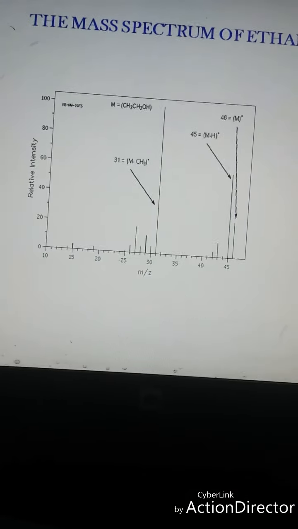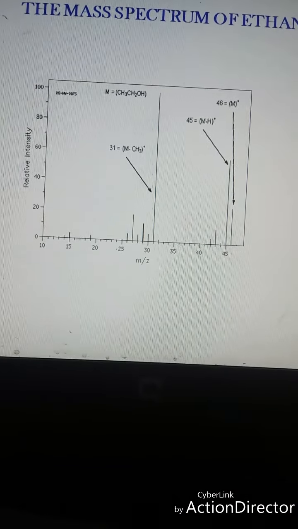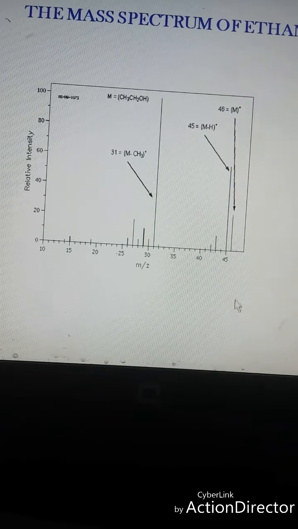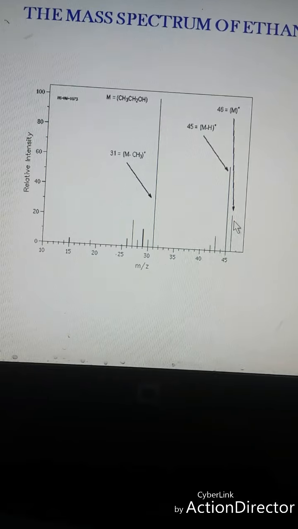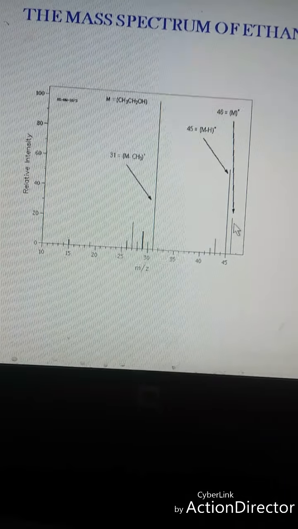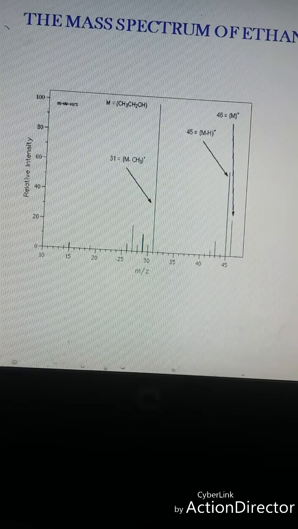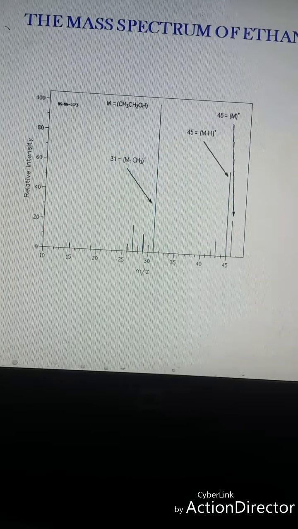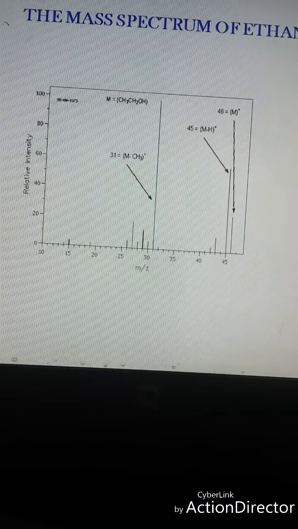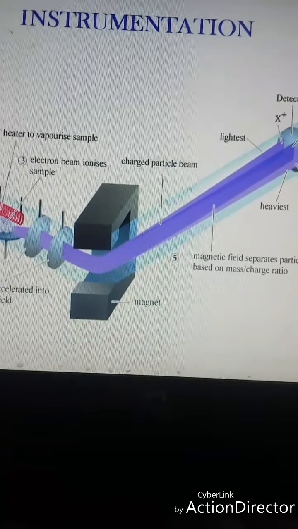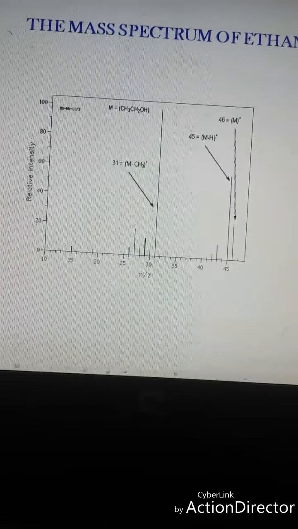This is the graph of relative intensity against m/z or m/e value. The first peak, this one, is the molecular ion peak of ethanol, which has an m/e value of 46. Second, when one hydrogen is lost, the peak will be at 45.